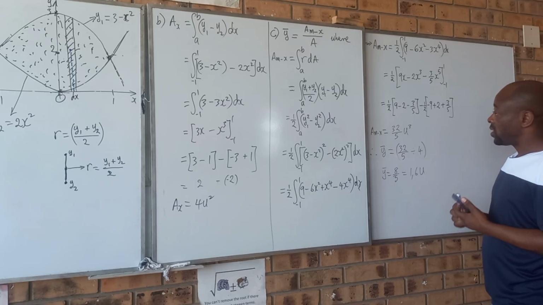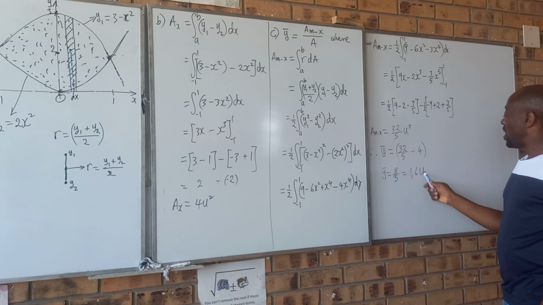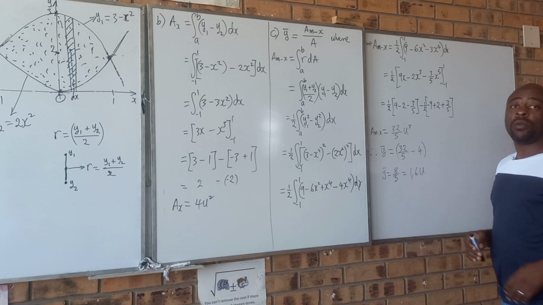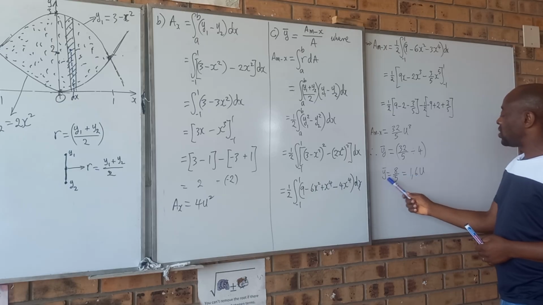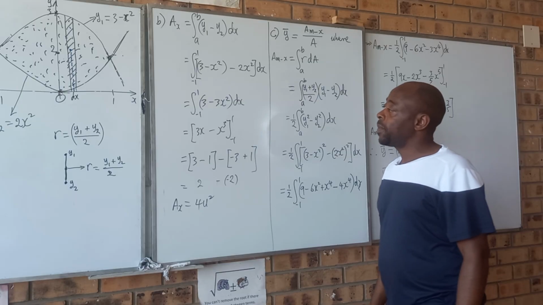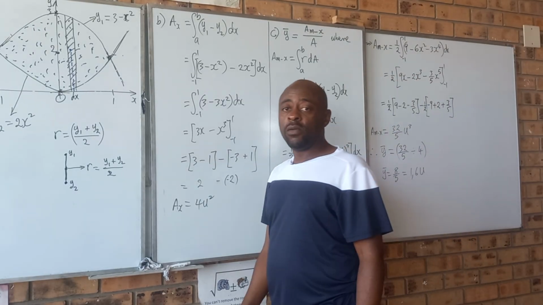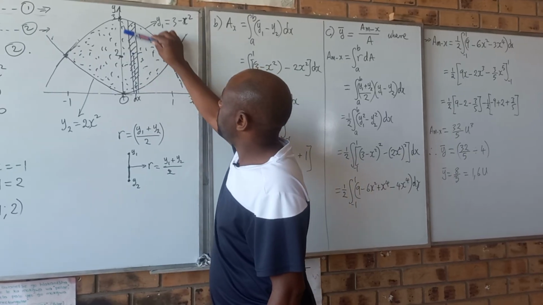It's always important to put your answer in decimals, because if this answer is right or wrong, you can pick it from your diagram. So our answer is saying the y ordinate is 1,6. If I go to my diagram, I can pick it up, because we are looking for the center of this shaded portion.